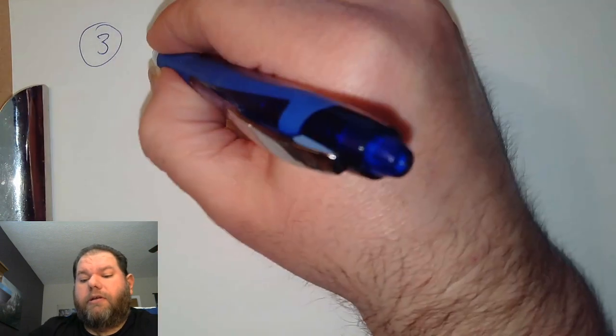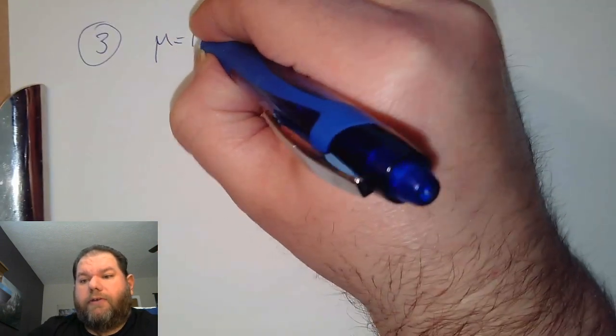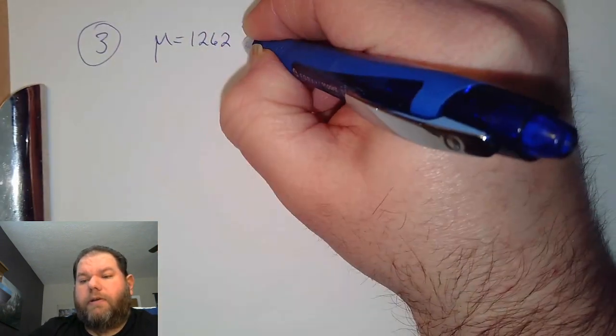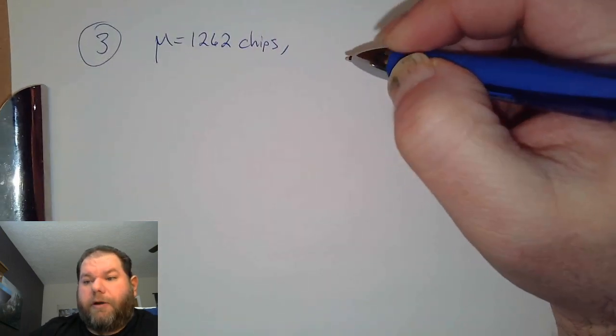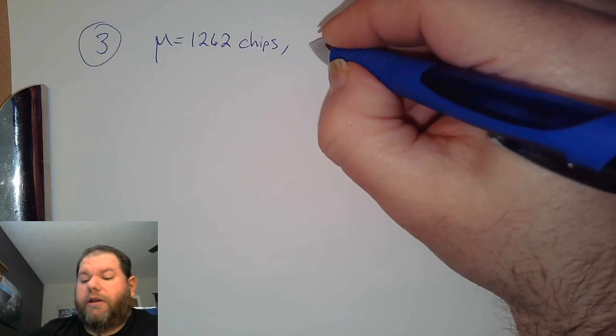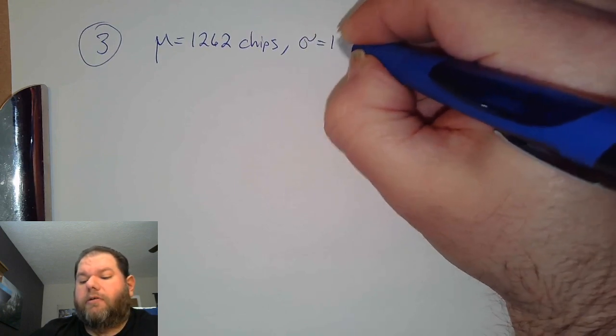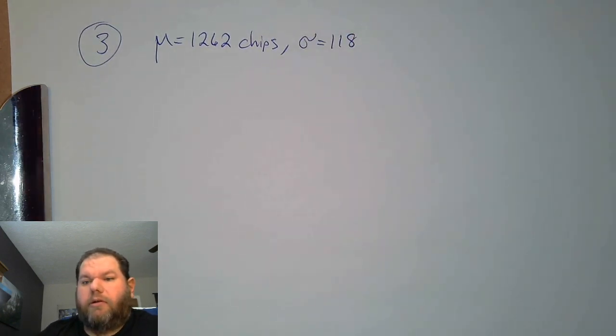Problem 3. The number of chocolate chips in an 18-ounce bag of Chips Ahoy chocolate chip cookies is normally distributed with a population mean of 1,262 chips and a population standard deviation of 118 chips, according to a 1999 study.